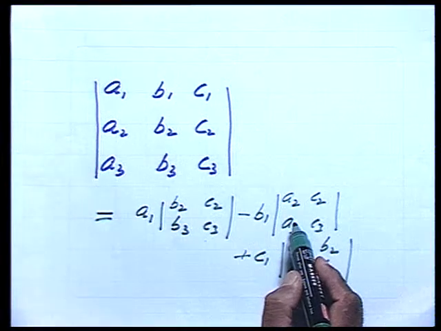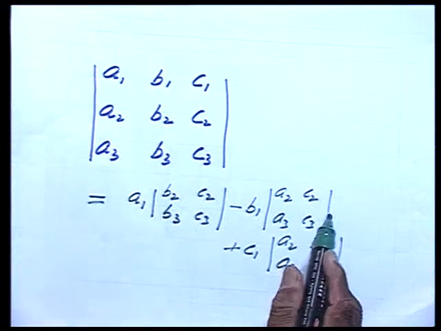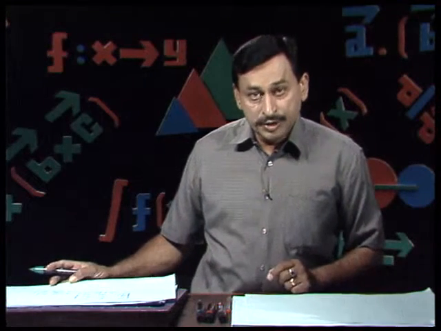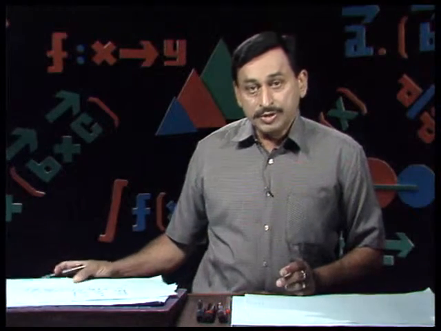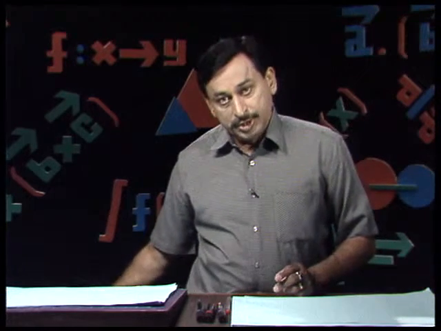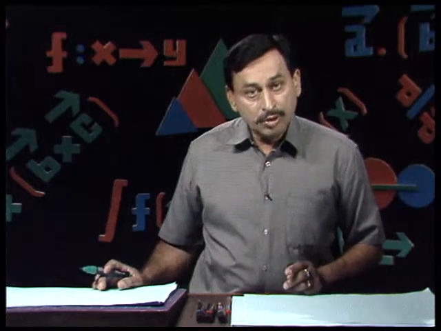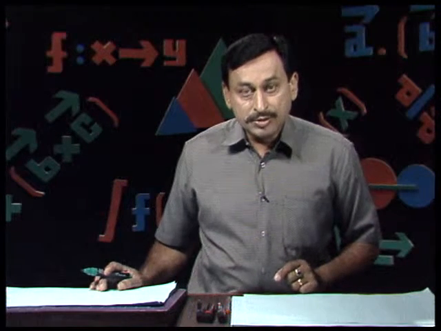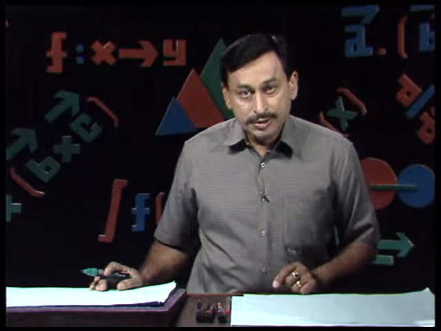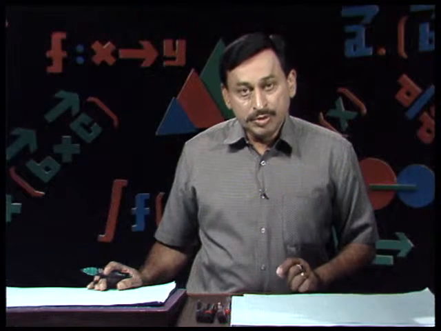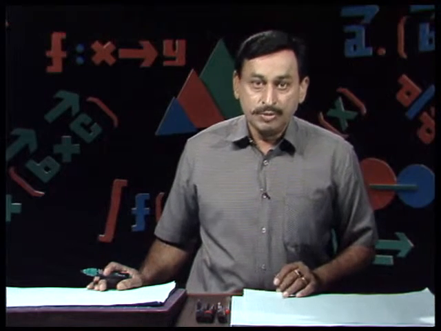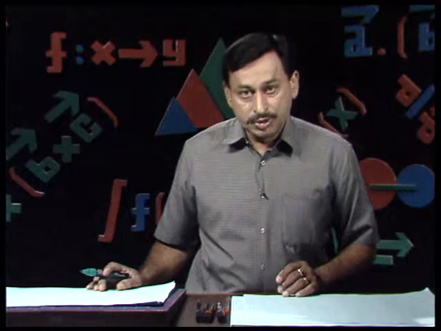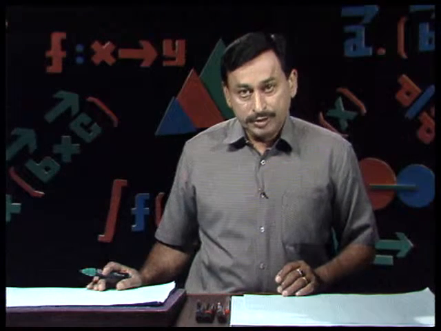That is, the minor and the cofactor in case of determinants differ only in this: in case we consider the element of any row or column of a determinant, then the balance determinant, that is of the reduced order, is a minor when you write it without bothering about the sign, but in case we attach the proper sign with it, it becomes the cofactor.